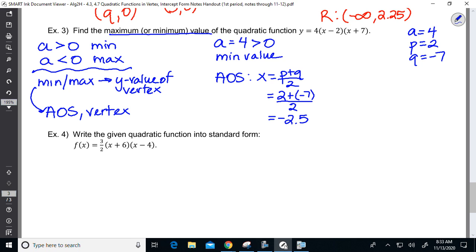So, you got your axis of symmetry. Now we do our vertex. Vertex, take your axis of symmetry and plug it in. 4 times negative 2.5 minus 2. Negative 2.5 plus 7.